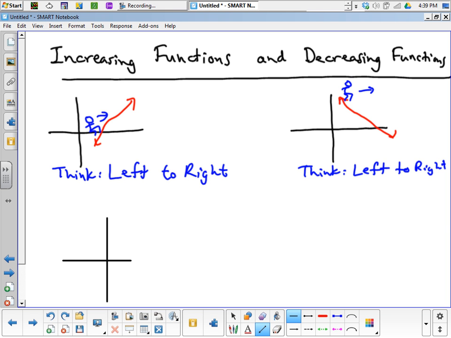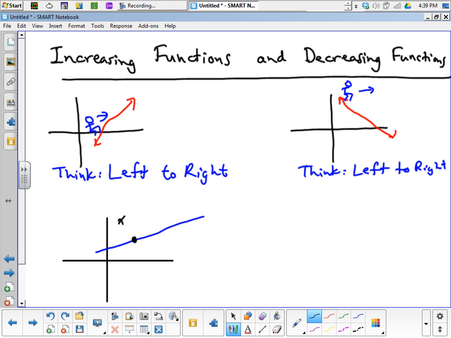Okay, so for a decreasing function, or let's actually do increasing first. How do you recognize an increasing function? If you pick a point on here, you can call it, let's say, x1, comma, f of x1. That's our first point. Okay?